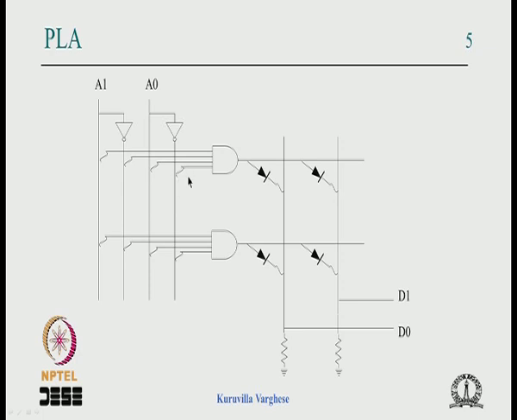In the simplest case, if you want to program say A1 bar, you retain this fuse and blow all the other fuses, or if you want A1 bar A0, you retain these 2 fuses and remove this fuse, and naturally you can do the programmable OR.